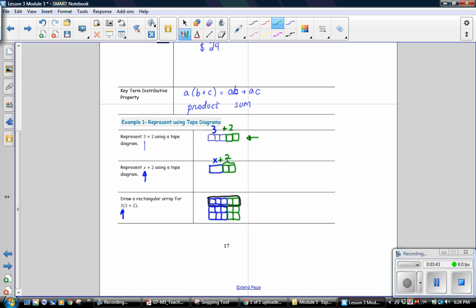And this is the rectangular array that represents 3 times the quantity 3 plus 2. The first 3 is the length of the box. Then the width of the box, this is the 3, and this is the 2, and that is the width of the box.